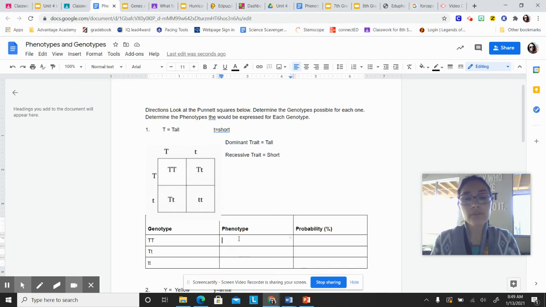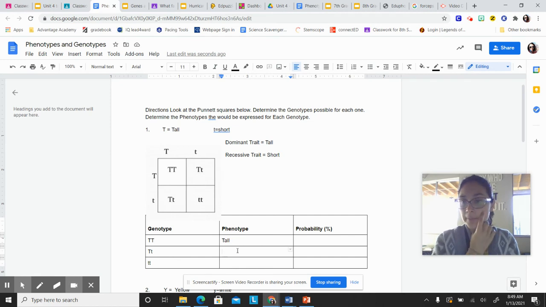Okay, so what are the phenotypes or the traits that'll show up with each gene? Okay, so for capital T, capital T, would that be short or would that be tall? I'll give you a second. So hopefully you guys said tall. And then for this genotype, capital T, lowercase t, what trait would show up?